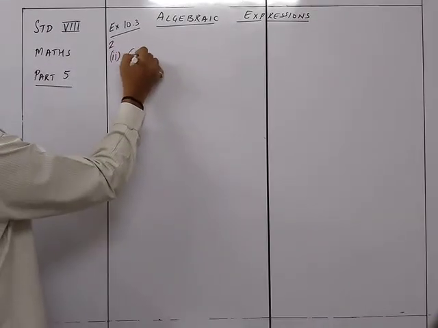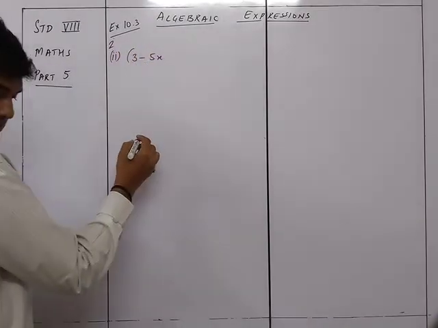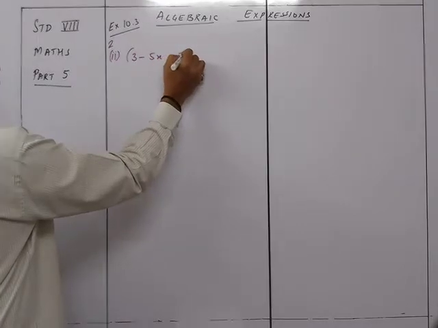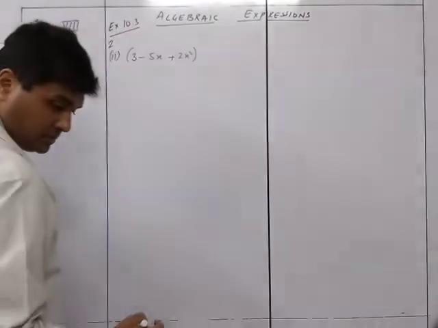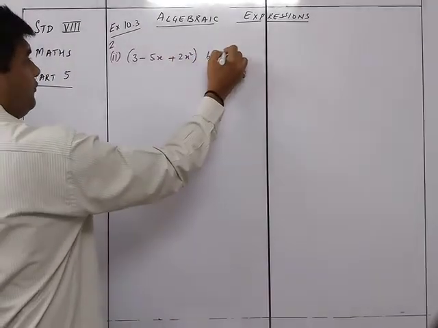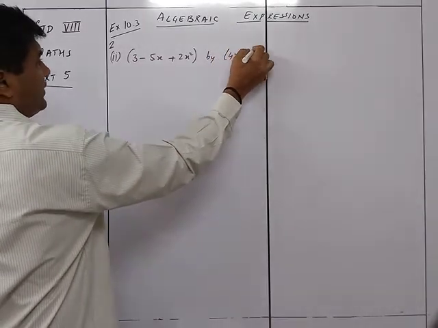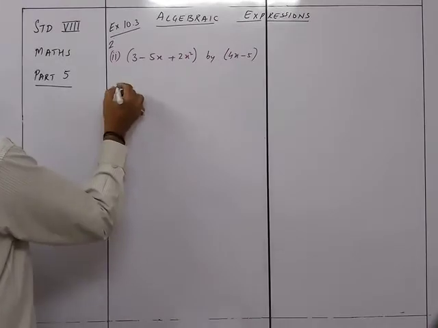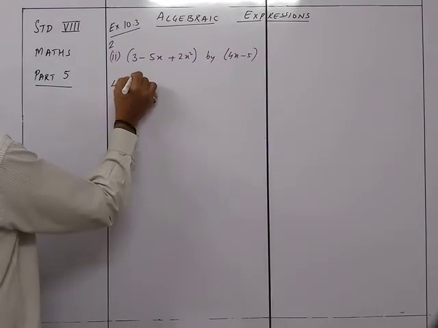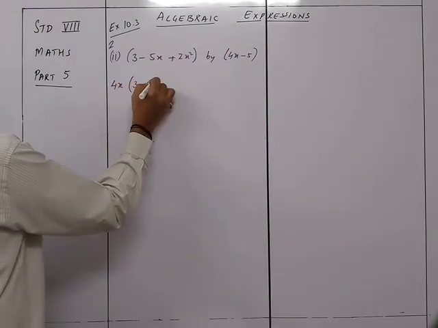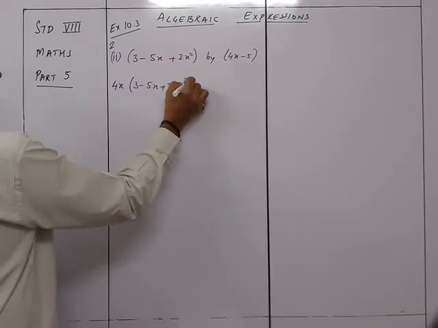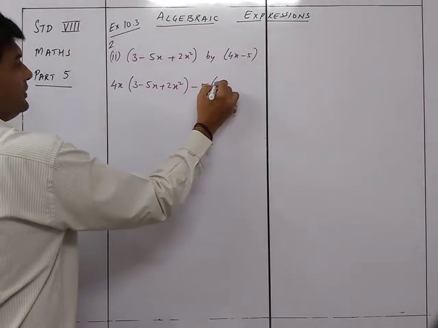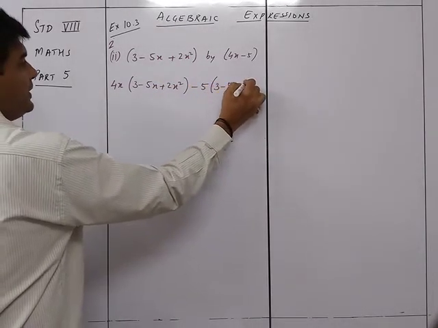It is 3 minus 5x plus 2x square by 4x minus 5. So it's better to split this one. So we have it as 4x(3 minus 5x plus 2x square) minus 5(3 minus 5x plus 2x square).